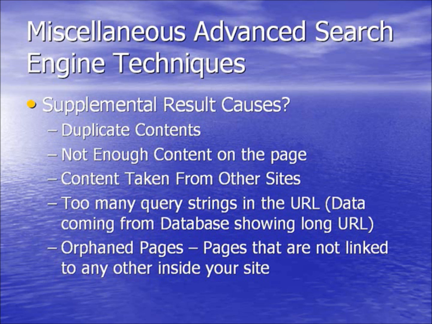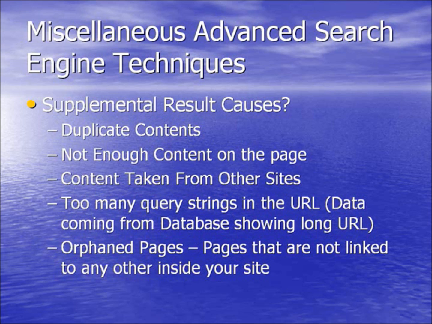Another reason is not having enough content on the page. If you just have a couple of links, one paragraph or two, one picture or two, and the rest of your page is blank, basically, if the page does not have a lot of information, then Google does not consider that page very important, and pushes it into the supplemental index.